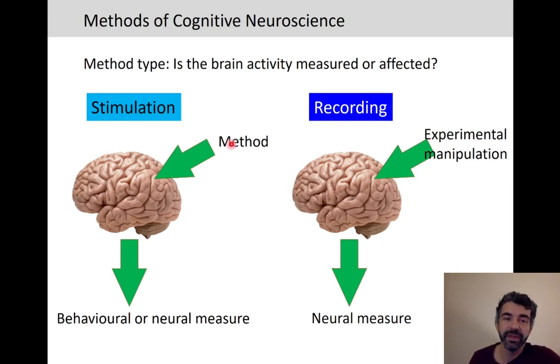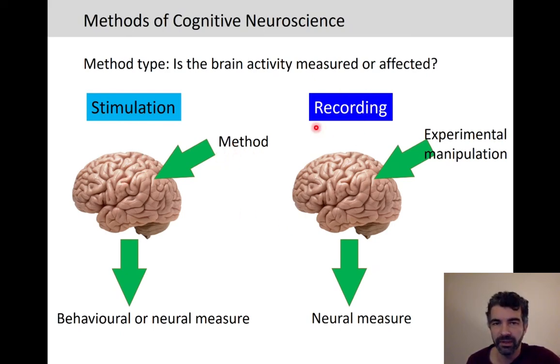So stimulation method means that the method itself does something to the brain, it affects the brain, and then we measure the consequence of that method affecting the brain. So this could be a behavioral or a neural measure, but importantly, the method itself affects the brain.